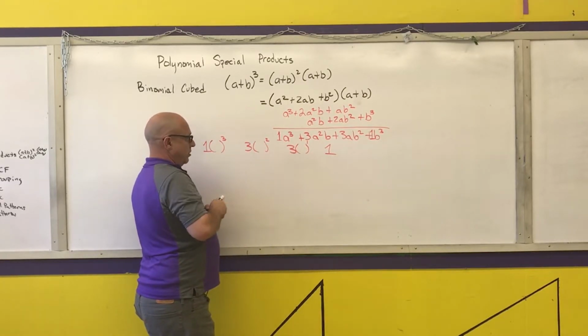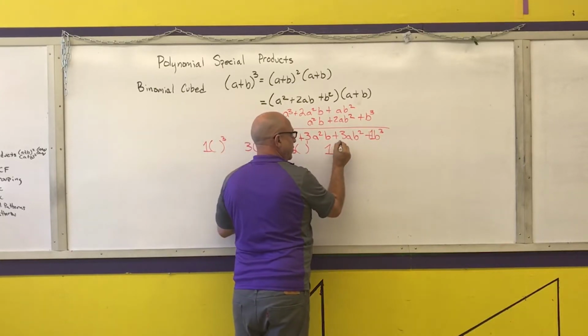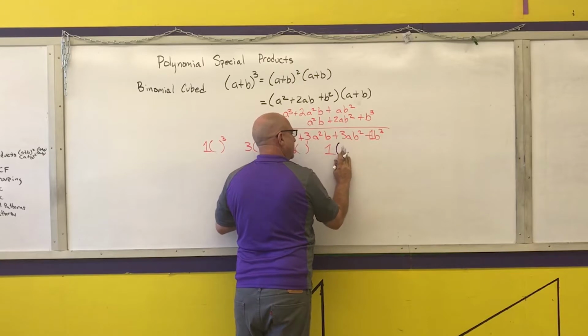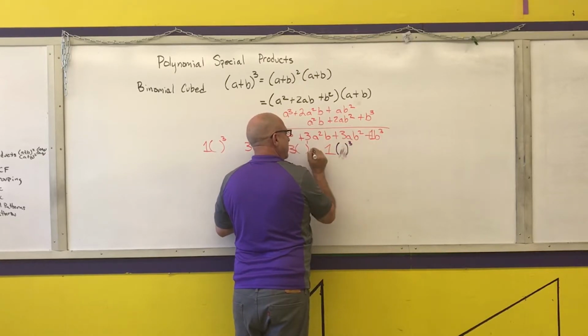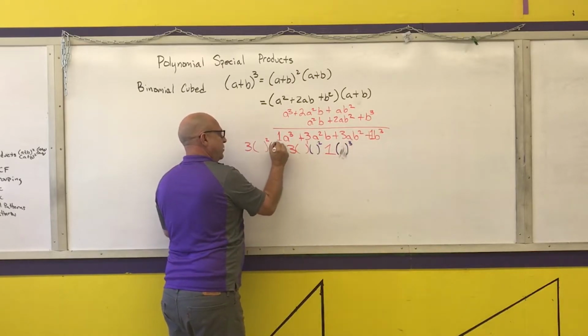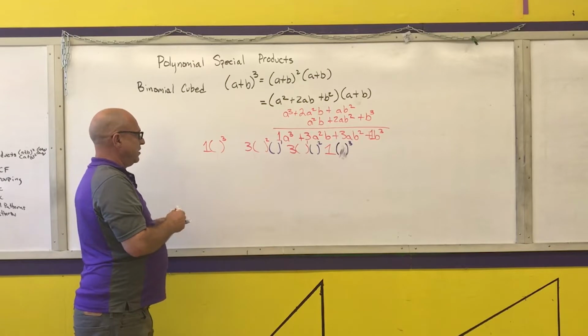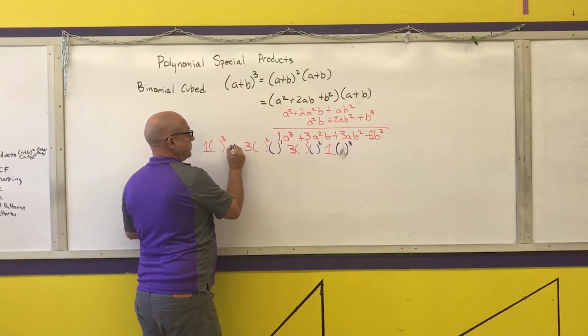This last one I'm going to have multiplied by something cubed, something squared, and then something to the first. Okay, and all of those things get added together.